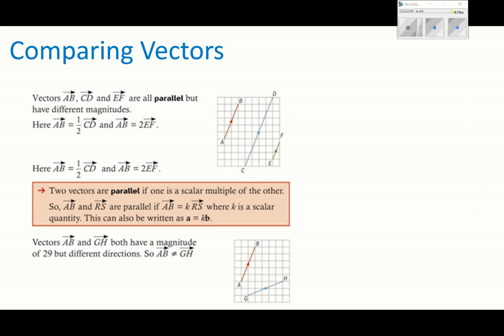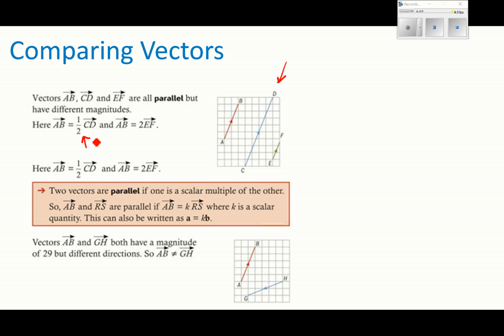Comparing vectors. So vectors AB, CD, EF are parallel but have different magnitudes. So we can see CD is obviously longer, EF is shorter when compared to AB. And we can even be more specific: AB is actually half of CD.